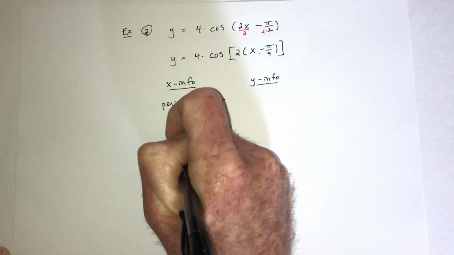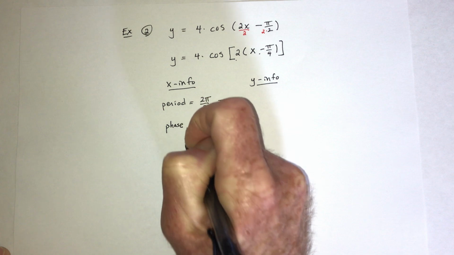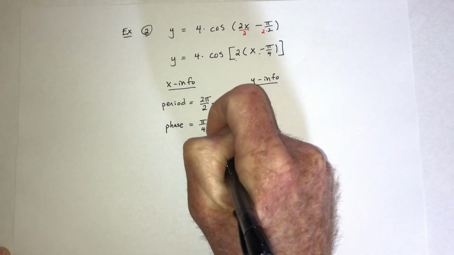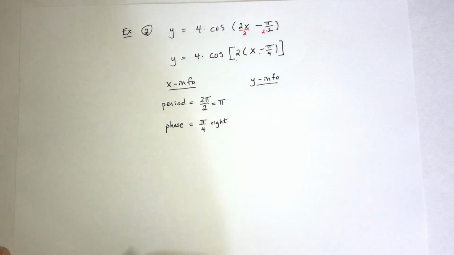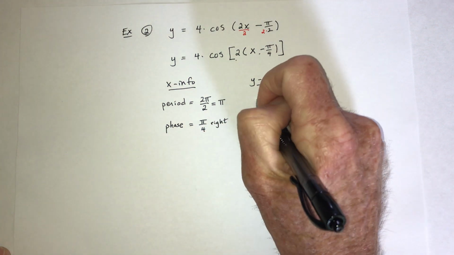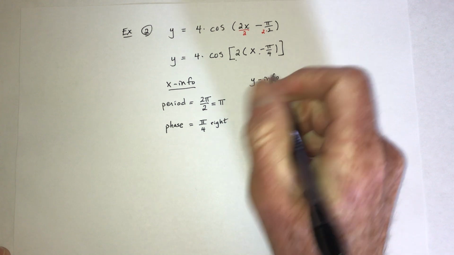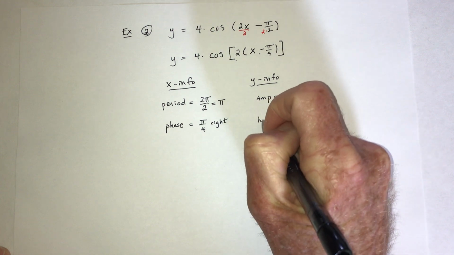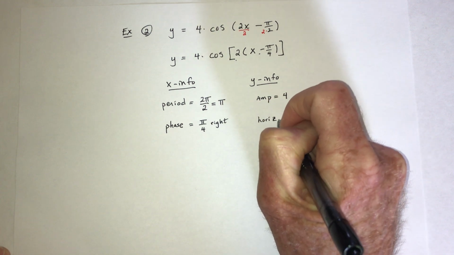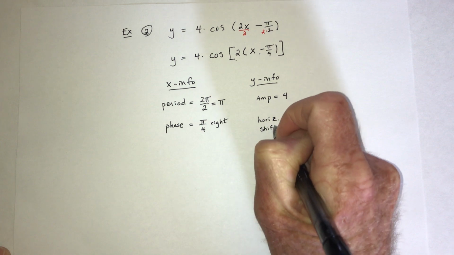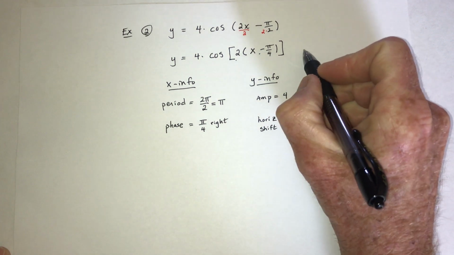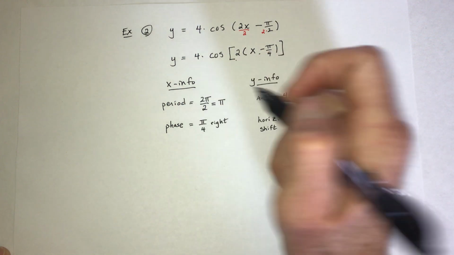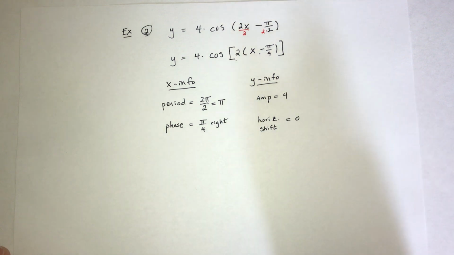Then for the phase shift, or the horizontal shift, you could just write positive pi over 4, or you could emphasize by saying it's going to move to the right. For this one, the amplitude is given by the number in front, so that's 4. And then for the vertical shift, that would be like if it said plus 11, or if it said 11 plus 4 cosine, that would be the vertical shift. For this one, it's 0.